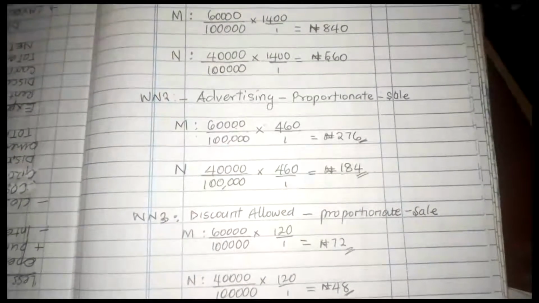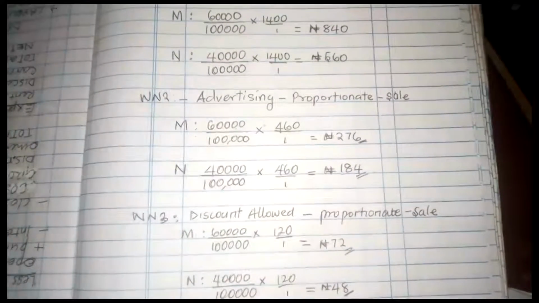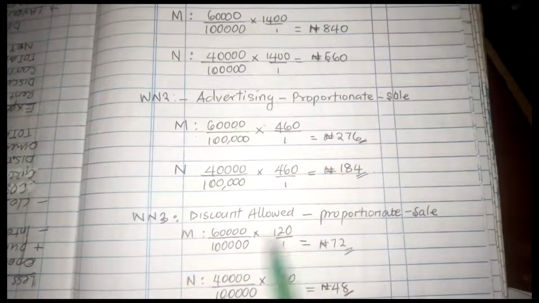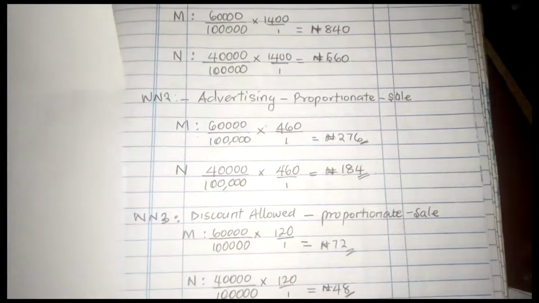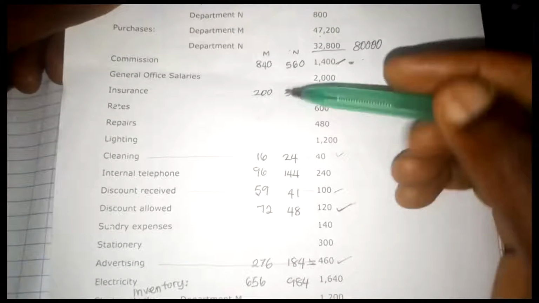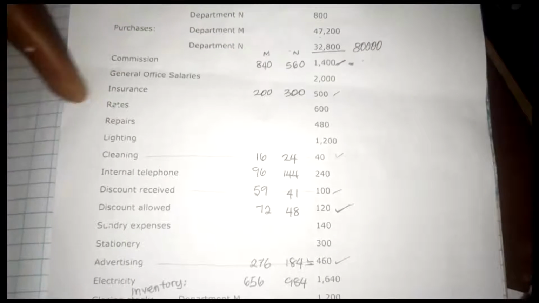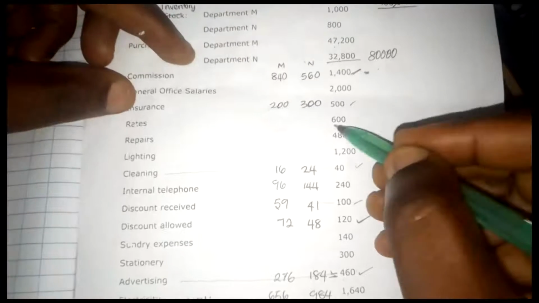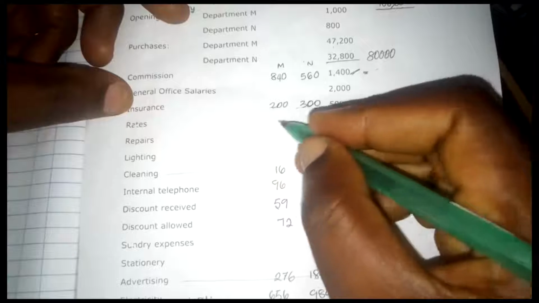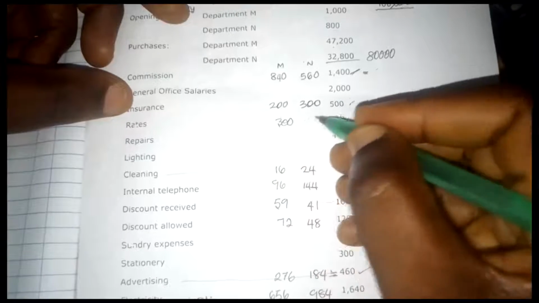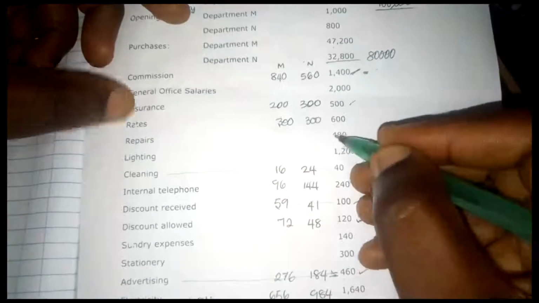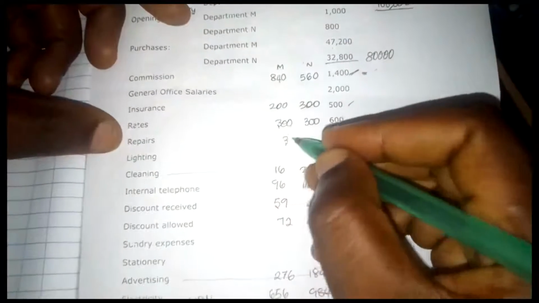Then I will repeat the same thing for other expenses, like discount allowed. Then having written all this, every other expense, we have to share equally. So you divide this by 2, which is 300. They are to be shared equally. For repairs, they are to be shared equally.